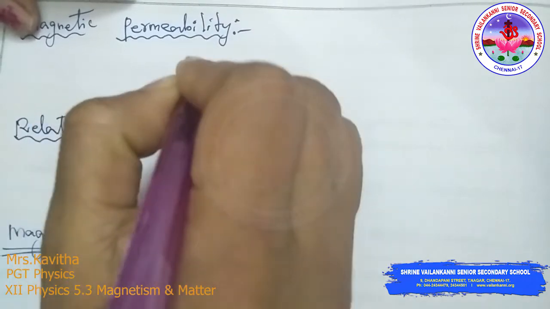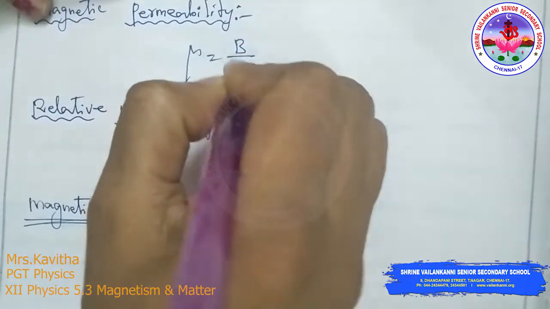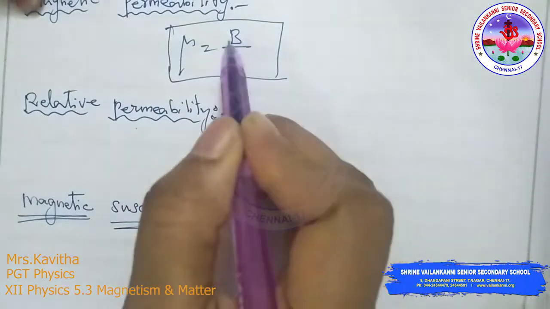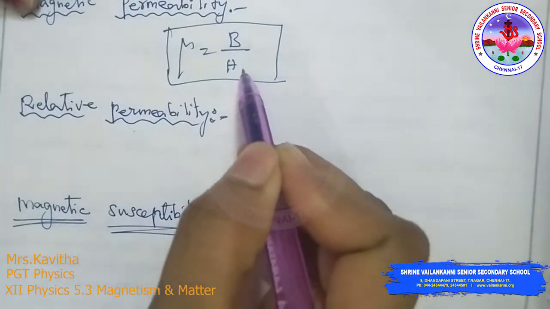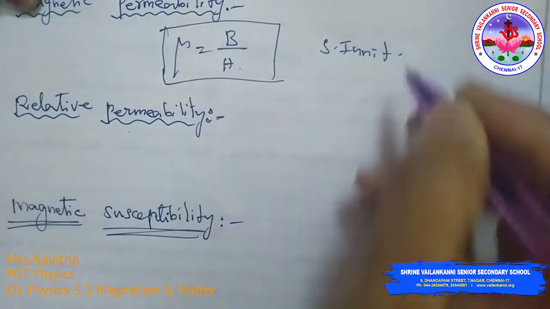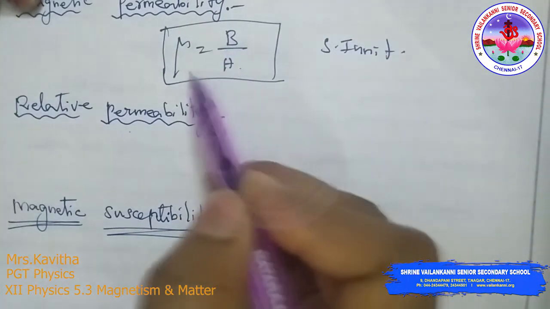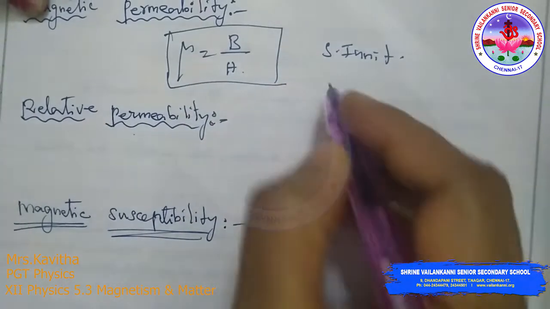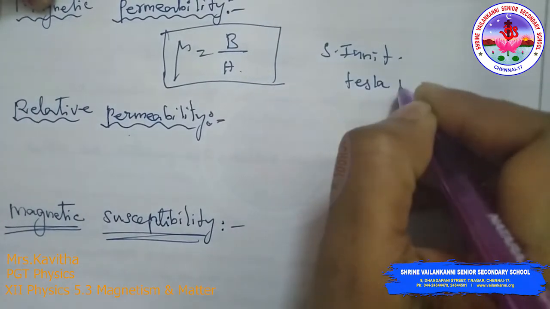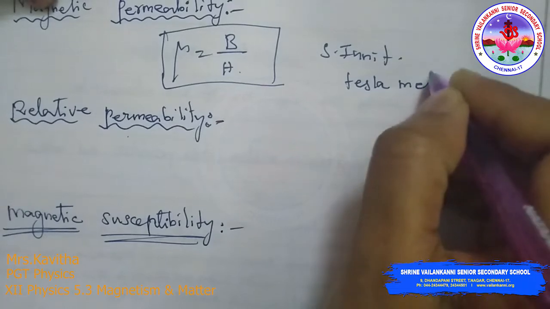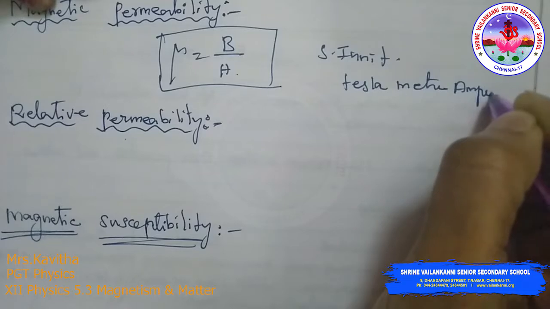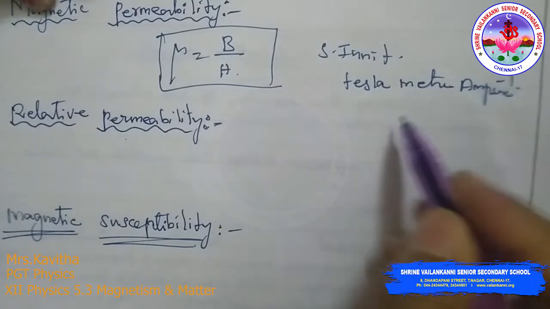That is mu equals B by H. The SI unit is Tesla by ampere per meter, that is Tesla meter ampere to the power minus 1.